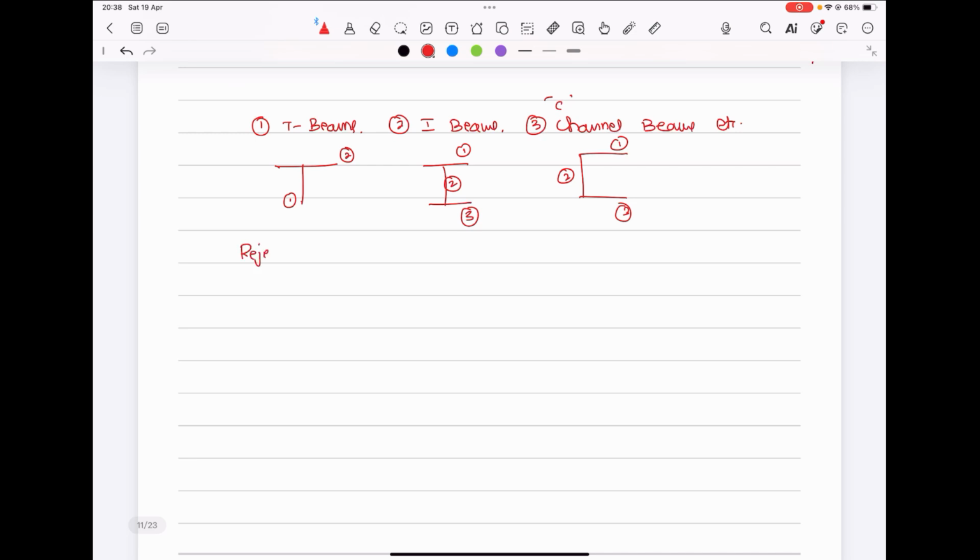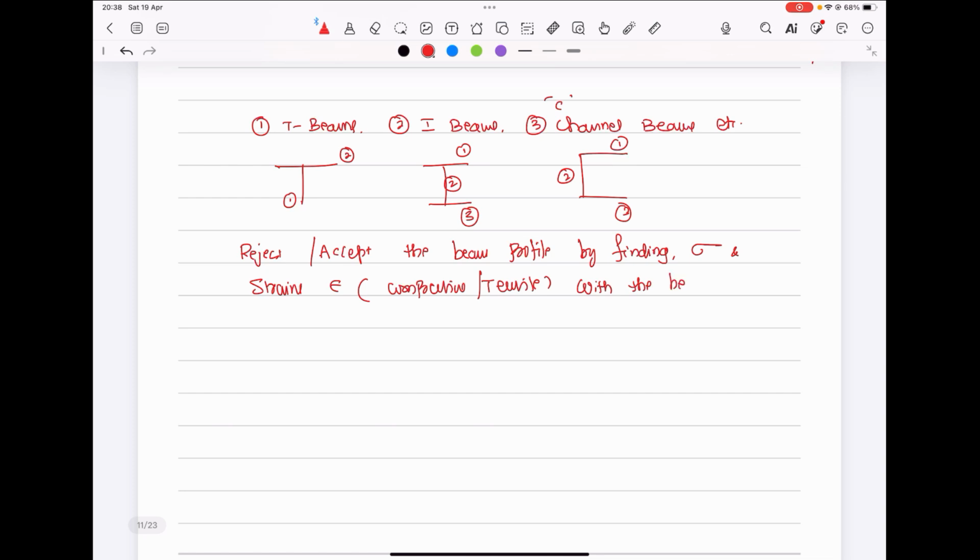Reject or accept the beam profile by finding stresses sigma and strains epsilon, compressive or tensile as explained, with the help of MI, moment of inertia, and center of gravity values of the given profile of the beam.